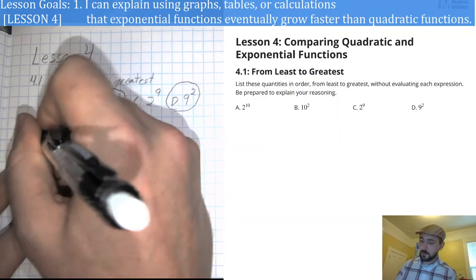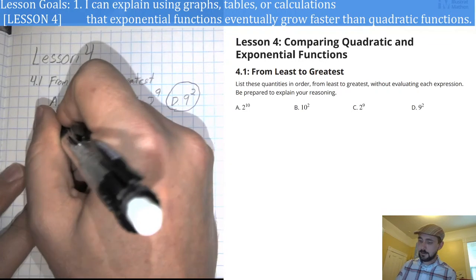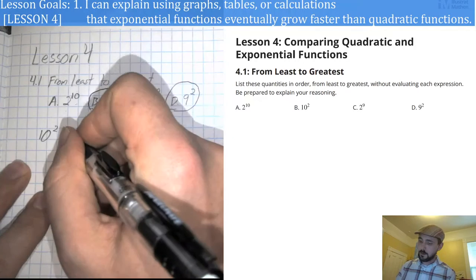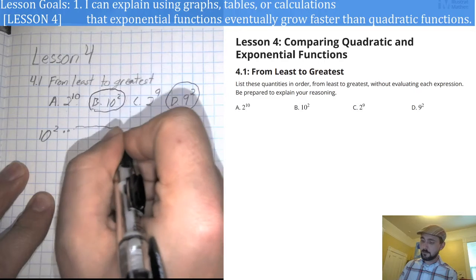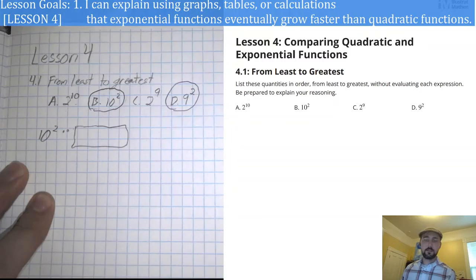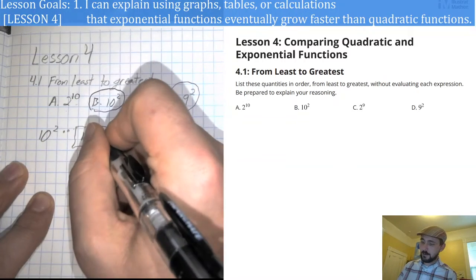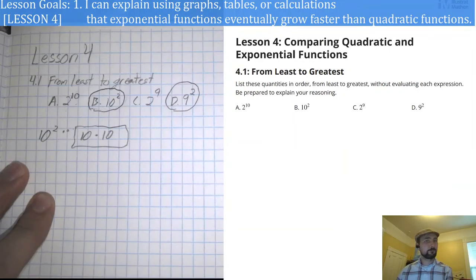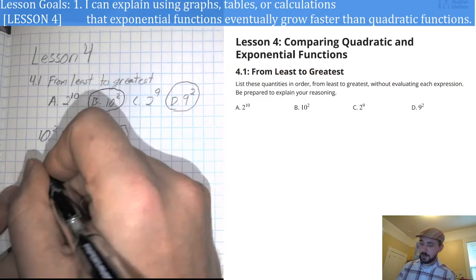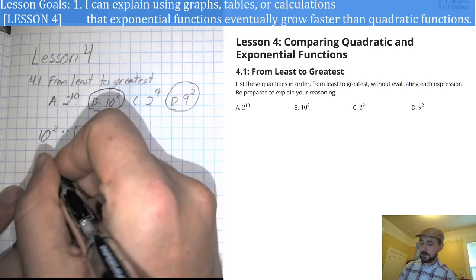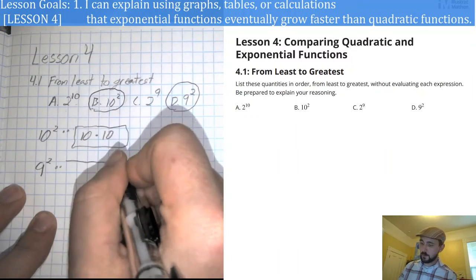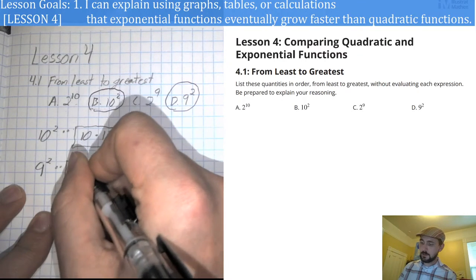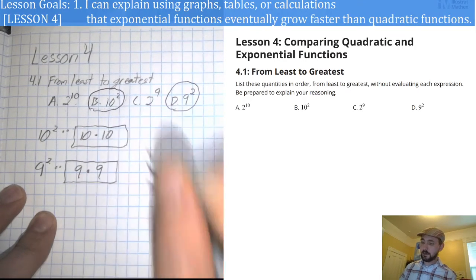So let's think about those 2 numbers. If I have 10 to the 2nd power, I know that that is 10 times 10, right? And if I have 9 to the 2nd power, I know that that is 9 times 9.